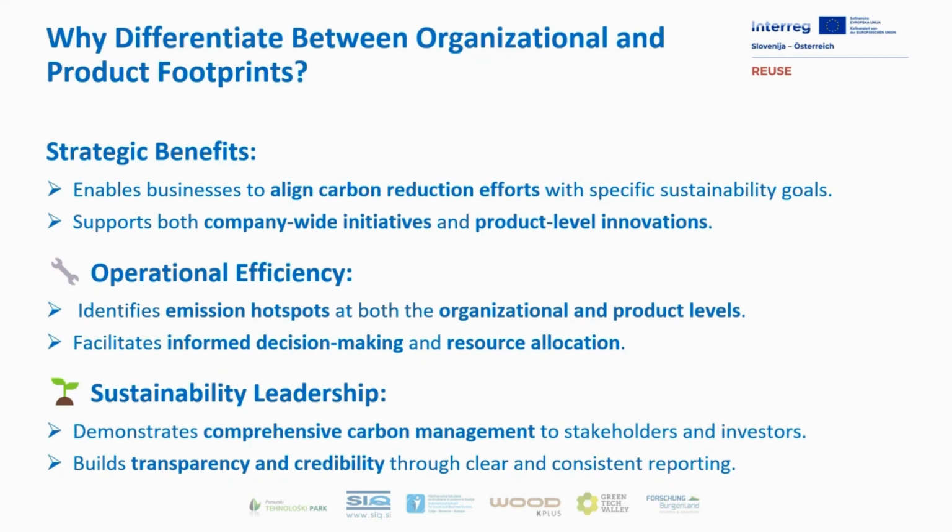Both footprints are essential for driving a company's overall sustainability strategy and achieving meaningful carbon reduction. So understanding both is critical for developing a comprehensive sustainability strategy, making informed decisions about emission reductions, and aligning efforts with broader environmental goals.